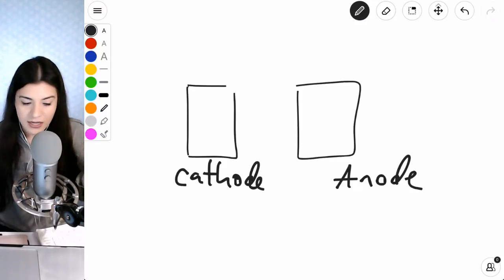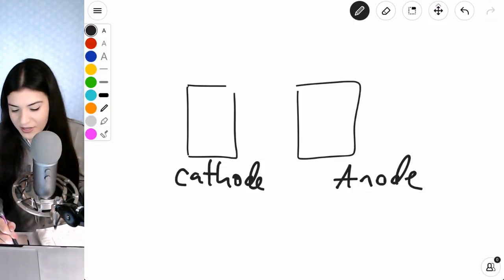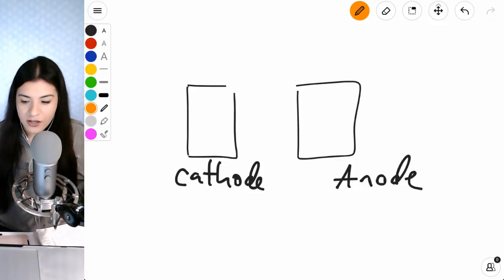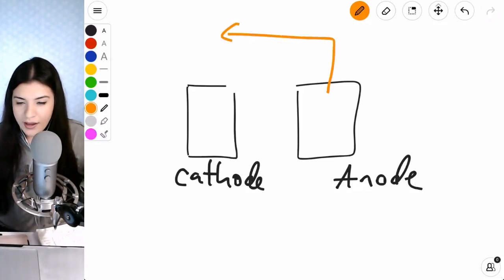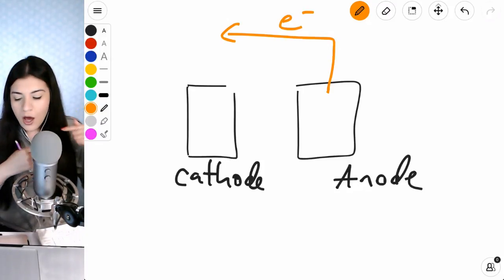Actually, sorry, they still move anode to cathode. It's just not left to right, it's right to left. So it's always going to be anode to cathode, just knowing that those are flipped around.